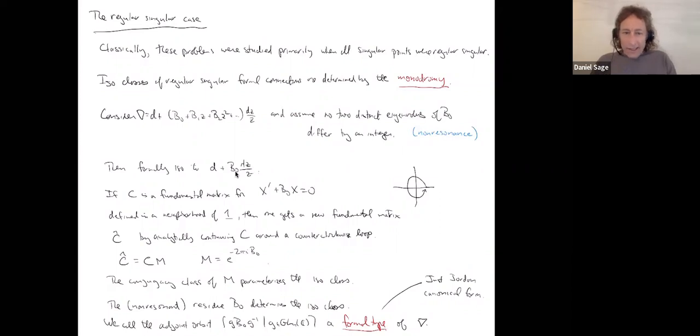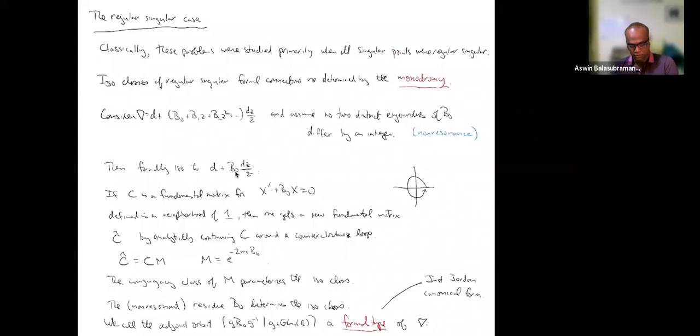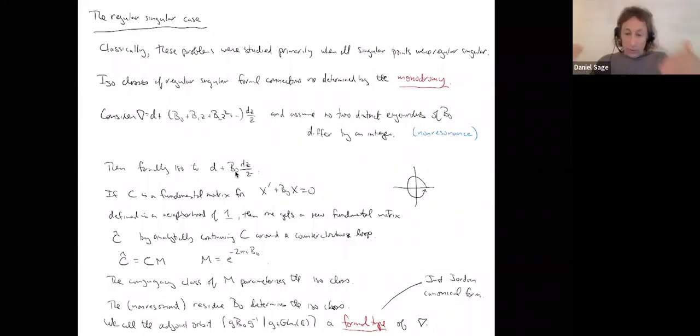Well, obviously, when you exponentiate, you lose track of these distinct eigenvalues that were distinct only up to an integer. Right, so yes, this resonance issue is very much related to the monodromy. The residue determines the monodromy, but the monodromy doesn't determine the residue.